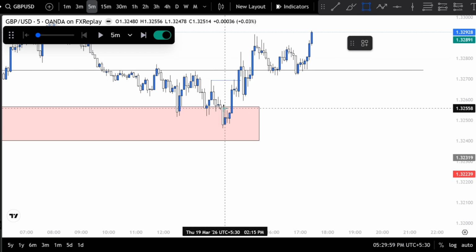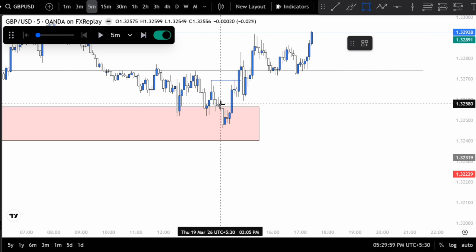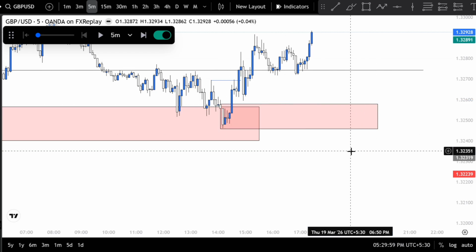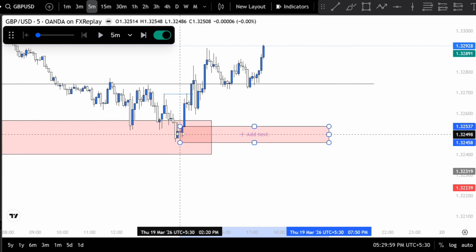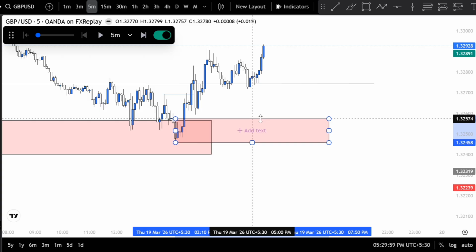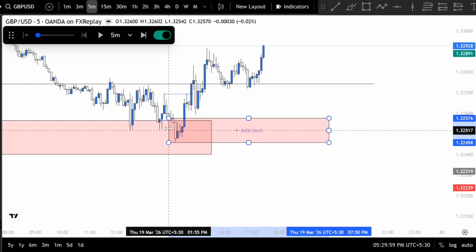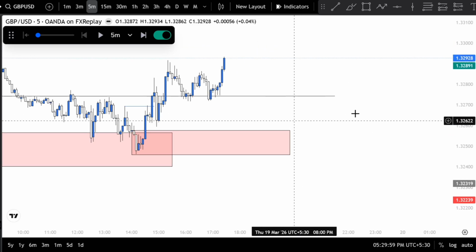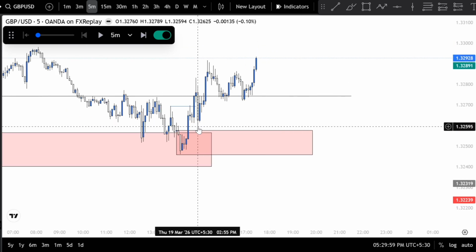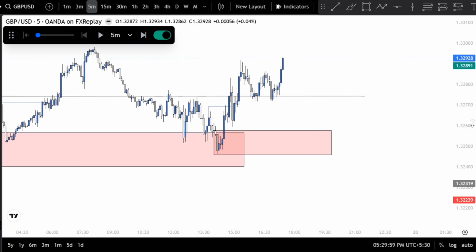Right, last POI. This is the order block. In this case, we are not considering this as order block, but this as order block. Why? Because this is overlapping with the fair value gap. So this is a very strong POI, liquidity here, swing low, as you can see.